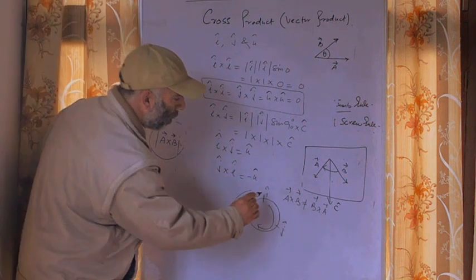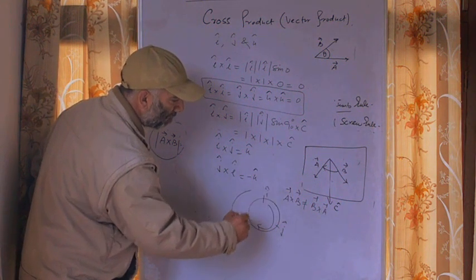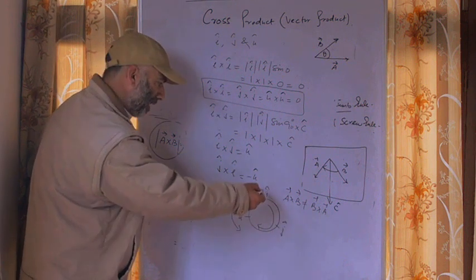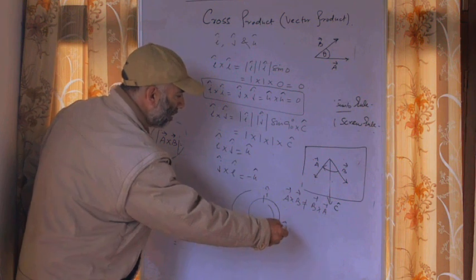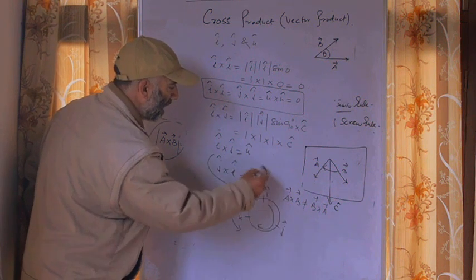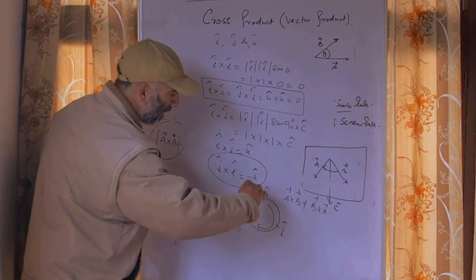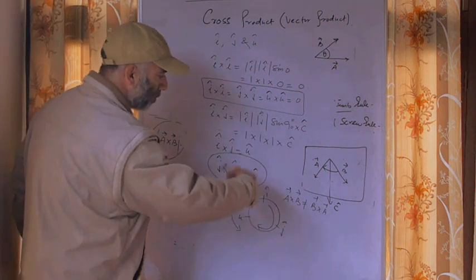So i cross j is equal to k, j cross k is equal to i, k cross i is equal to j. Similarly, i cross k is equal to minus j, and j cross i is equal to minus k, whereas i cross j is equal to plus k. So all the products can be calculated with the help of this simple diagram.